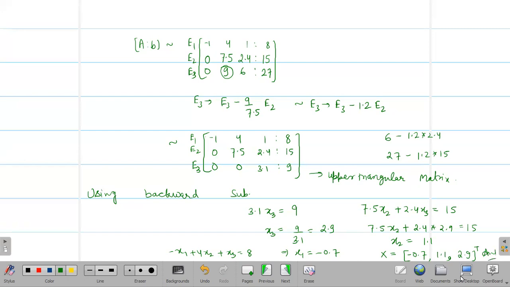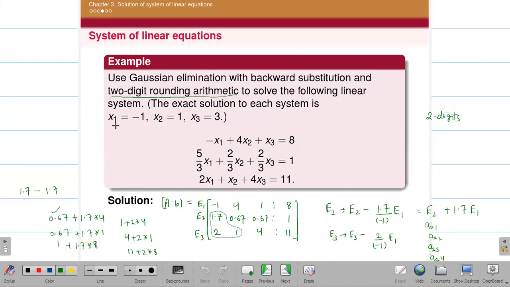This is your answer. Now look at the exact solution. What was the exact solution? X1 is minus 1, so correspondingly we are getting minus 0.7 here. X2 is 1.1 and x3 is 2.9.